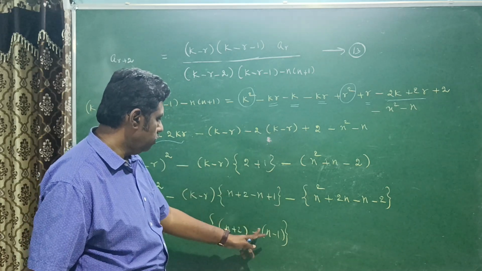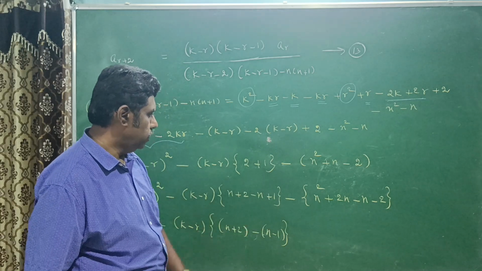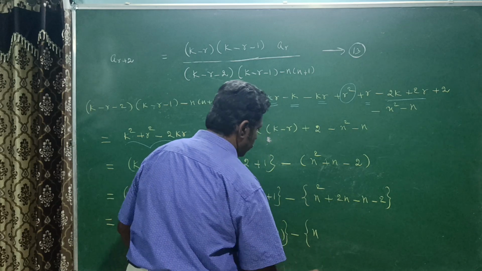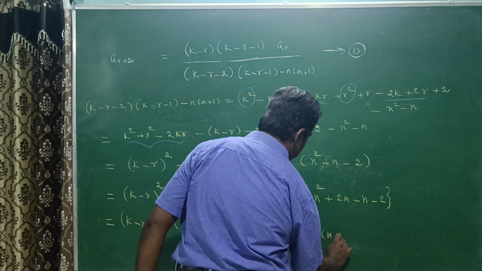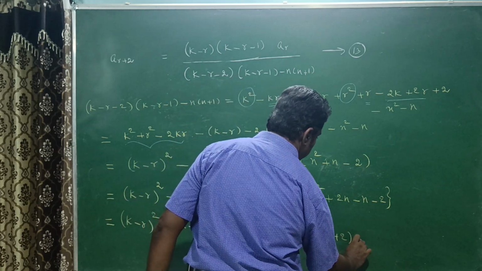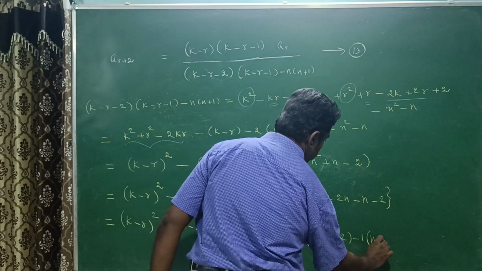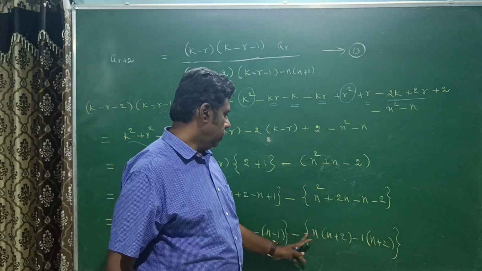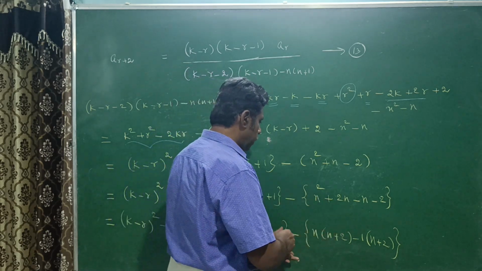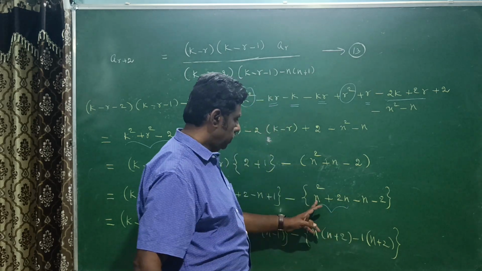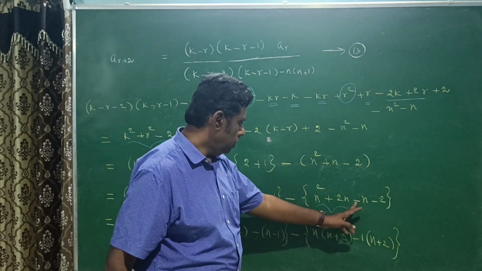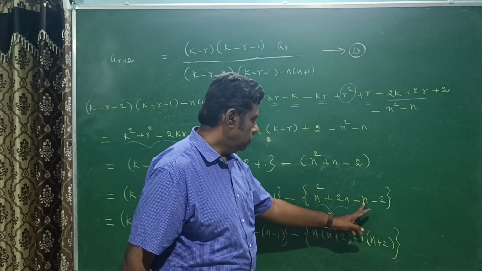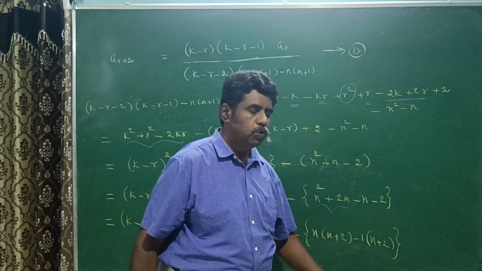If you multiply, we get minus n plus 1, the same term. Minus, here take n outside: n plus 2, then take minus 1 outside: n plus 2. Take n outside, n into (n plus 2). Just we have combined these two terms. Take n outside, n plus 2; here take the minus n outside, that means minus 1 is n plus 2.